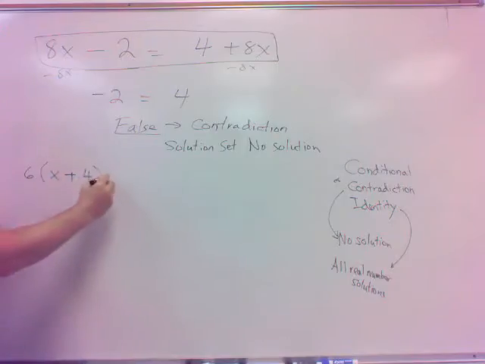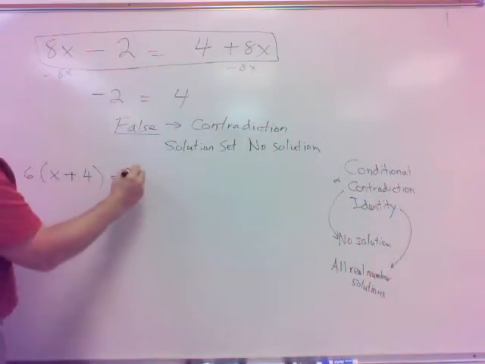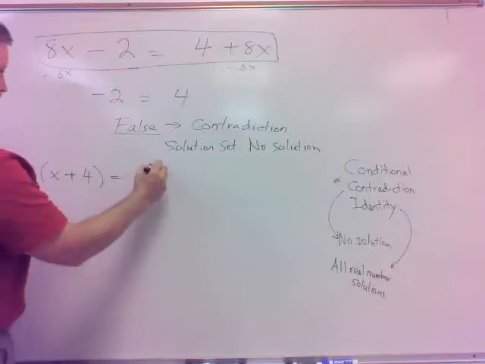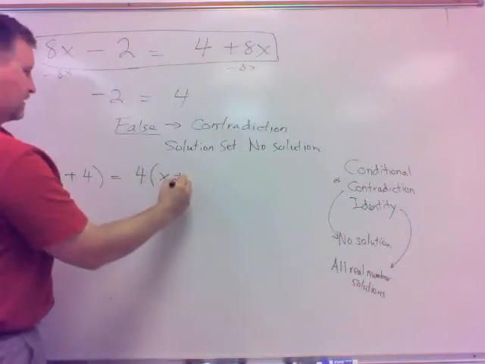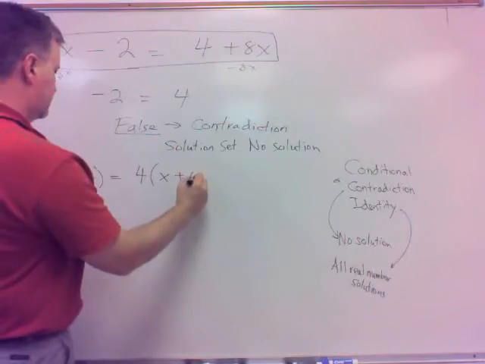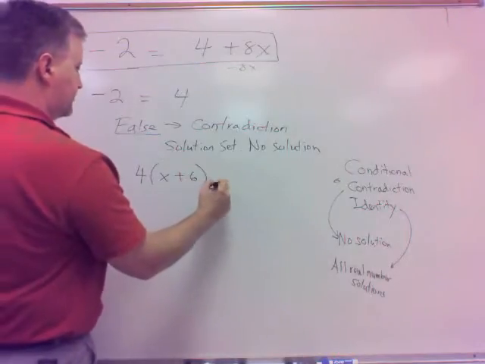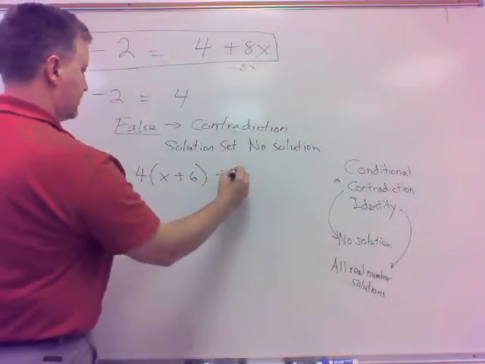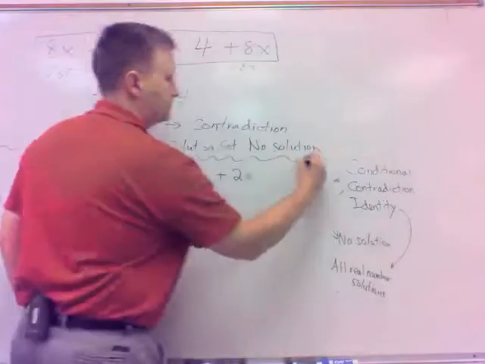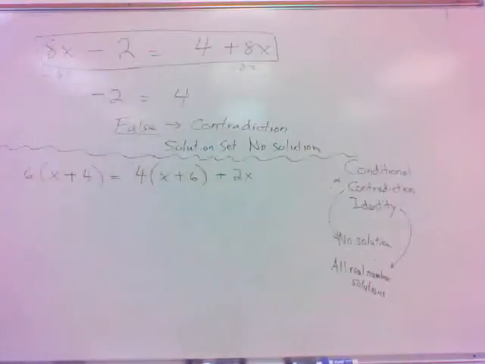6x(x + 4) = 4x(+ 6) + 2x. When we work this one out, of course, we've got to get our parentheses out there.